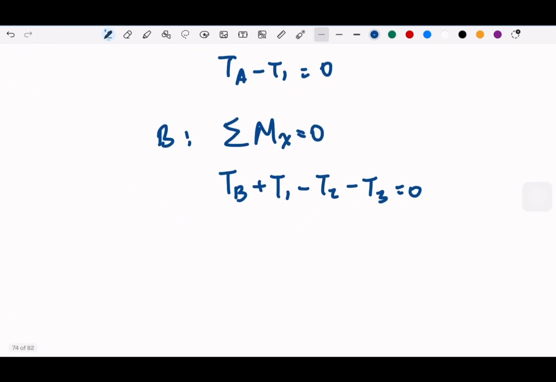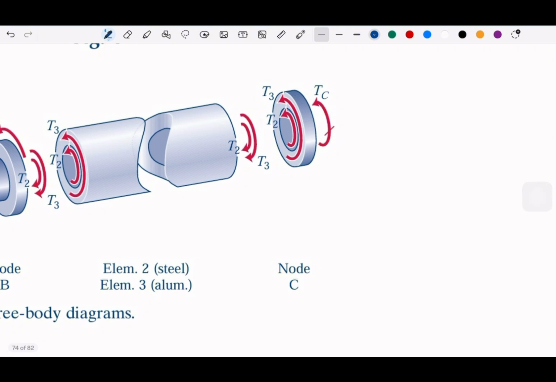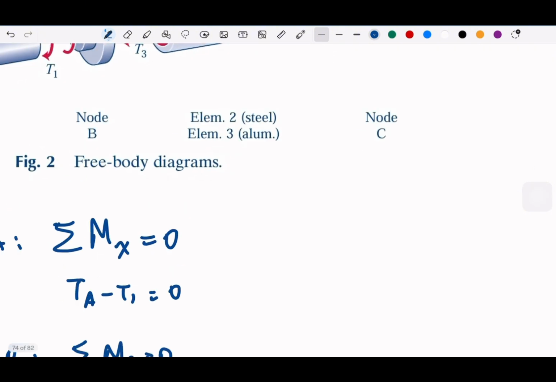Okay. Then in C, we can make the other one. So we see TC, positive, all positive, right? TC, T3, T2, it's all positive.